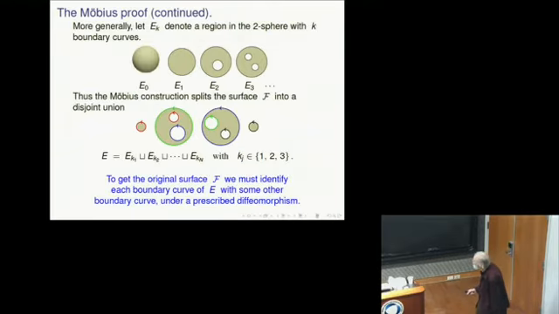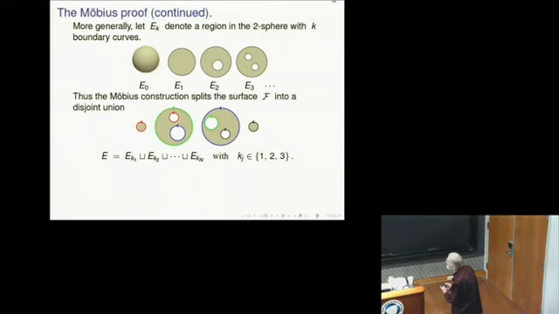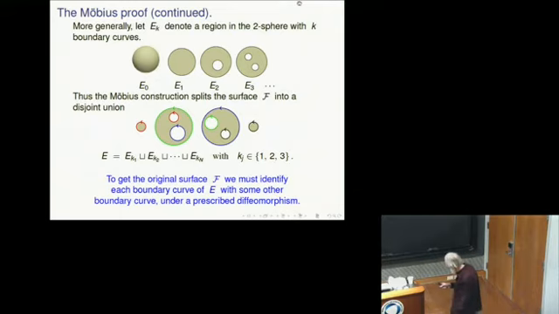If we, for example, take the... I don't seem to be having any luck with the pointer, but if we take this little red disk and glue it into the red disk in the next figure, then we'll cut down the number.